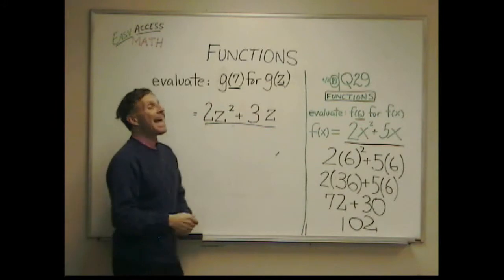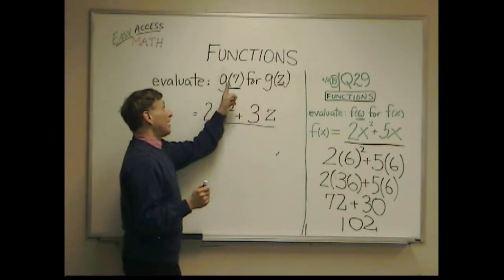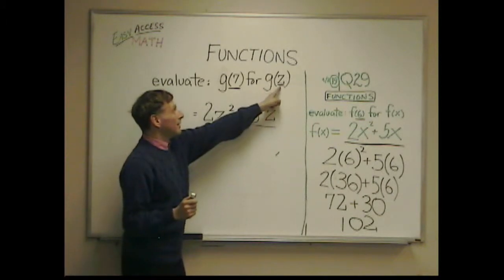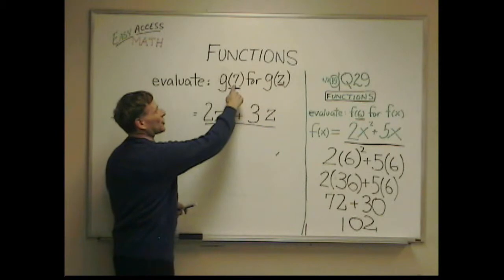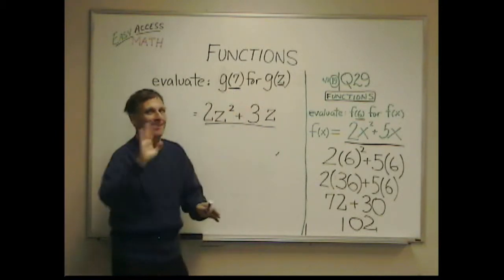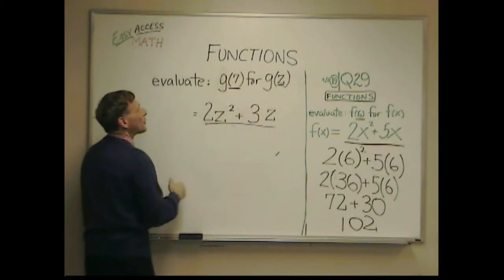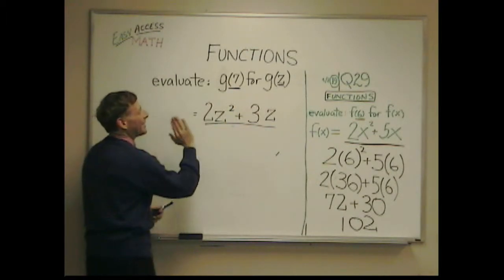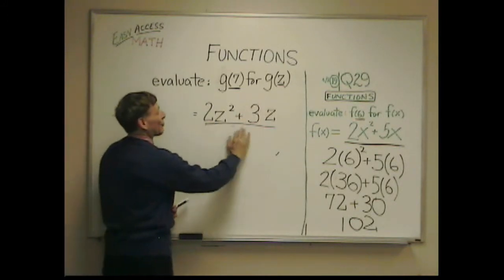That means anywhere in this expression I see a z, I'm going to substitute what I was told in the question, the 7. Remember, not the choices. The 7 will substitute for z anywhere the z appears in this expression.